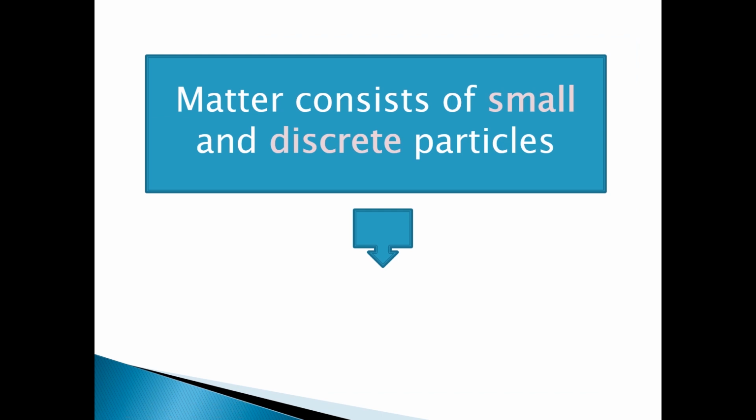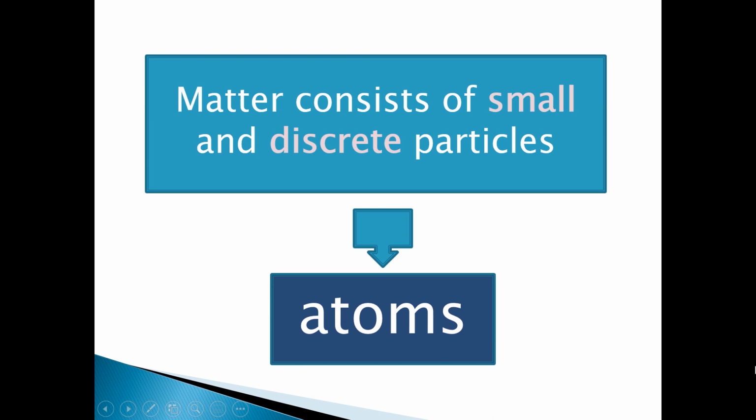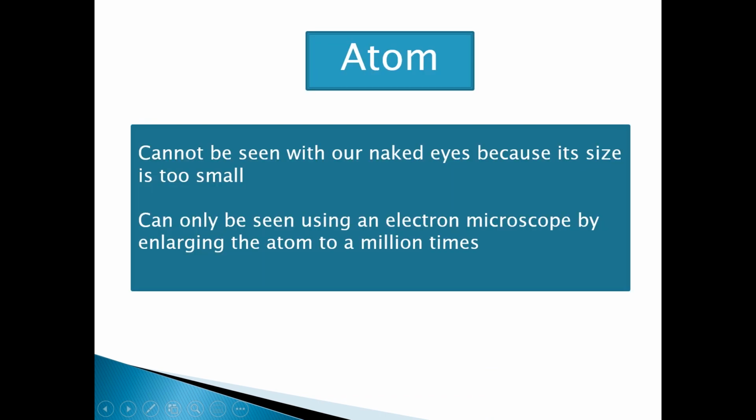Last lesson, you learned that matter consists of small and discrete particles, and these particles are atoms. An atom cannot be seen with our naked eyes because its size is too small.